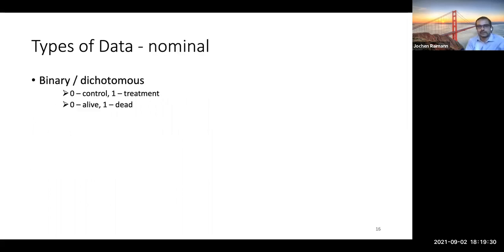When we look at nominal data, it would be binary data, and this becomes really important when we talk about logistic regression. Hopefully we will have time to talk about logistic regression. With every outcome prediction, you have a 0 and 1 outcome.